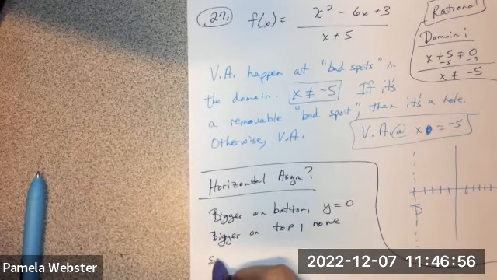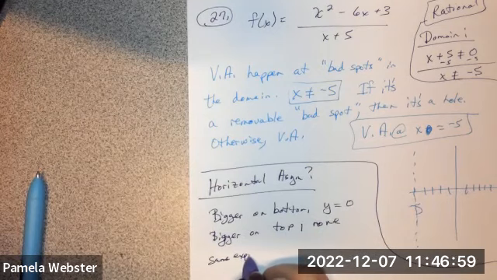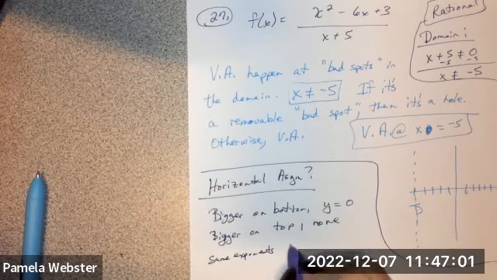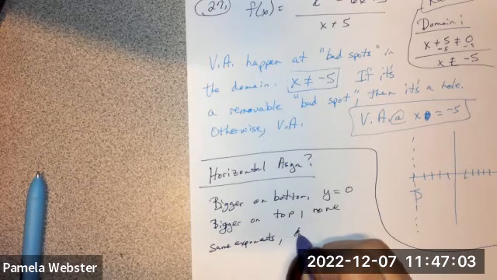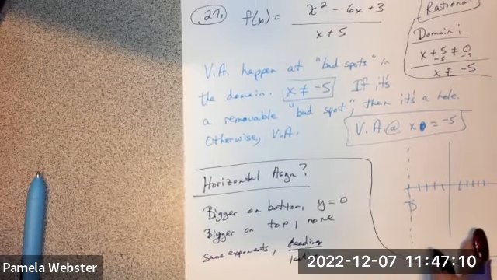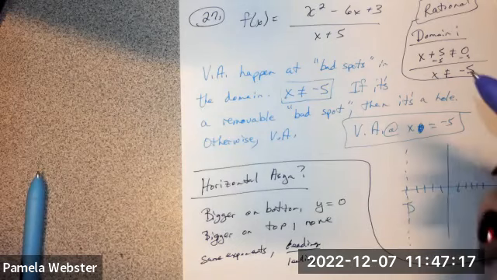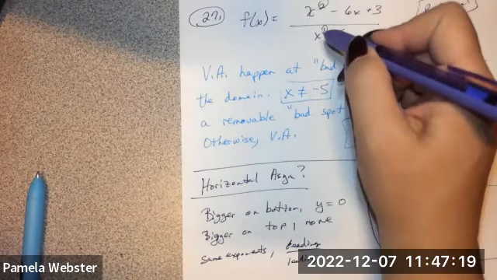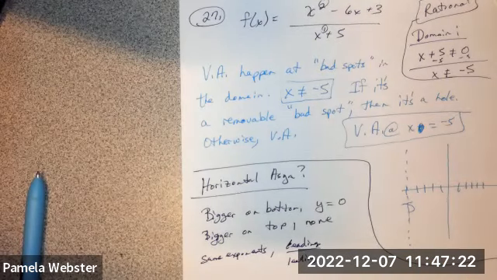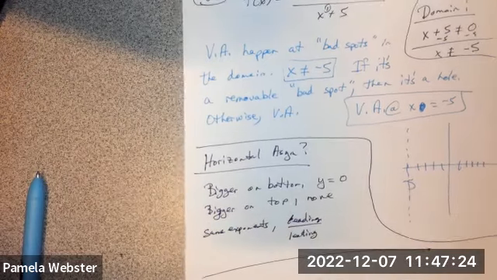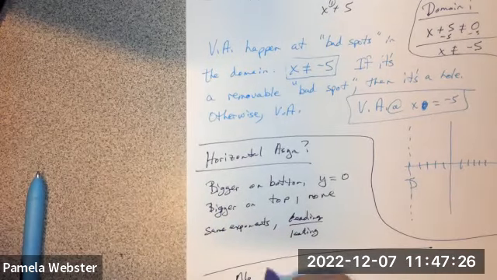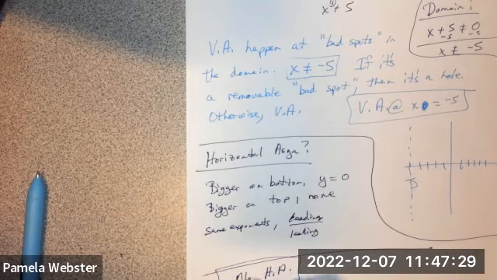And if they're the same exponents, you just do the leading coefficients divided by each other, leading over leading. Those are my 3 rules. And this one's bigger on top, so what? No horizontal asymptote, because this is a 2 up here and this is only a 1 on the bottom. So all we're doing is examining the exponents. So this is none. No HA.